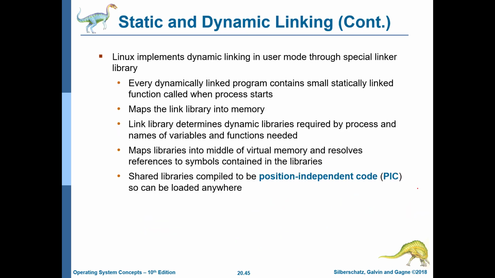Linux has a special linker library to implement dynamic linking. They are called DLLs in Windows, but on Linux they are known as SO files, or shared object files, which is quite easy to do. Using GCC, it's quite easy to compile an object file to be a shared object.